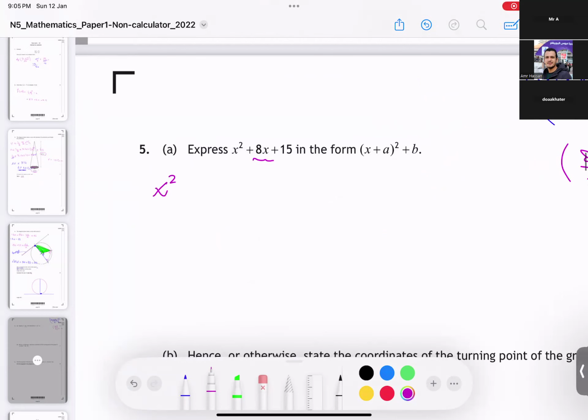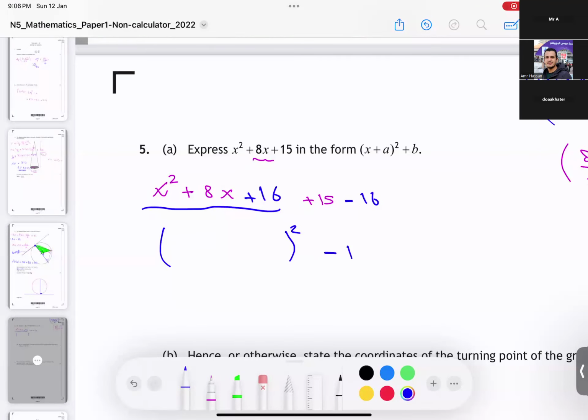So let me write x squared plus 8x, and this one's 15, right? Let me add 16 and subtract 16, right? It's like adding 0. So it's going to be only -1, right? You know why -1? Because 15 minus 16, it's going to be negative.